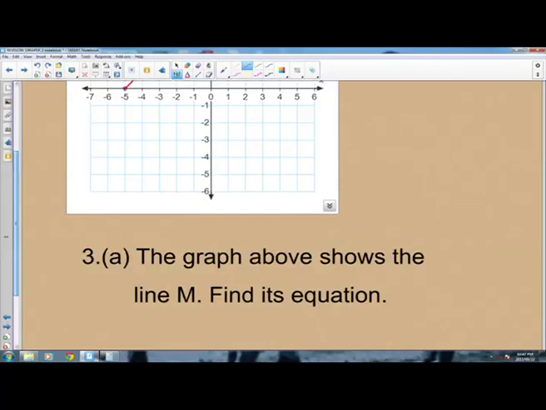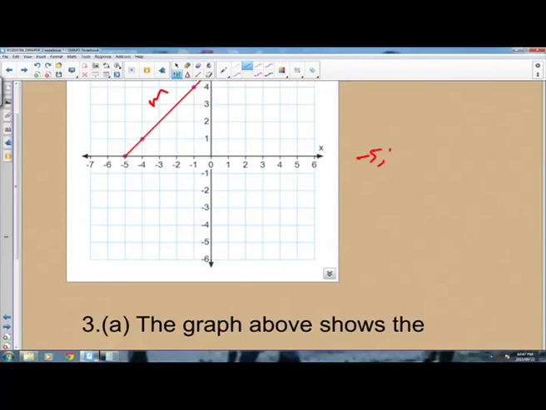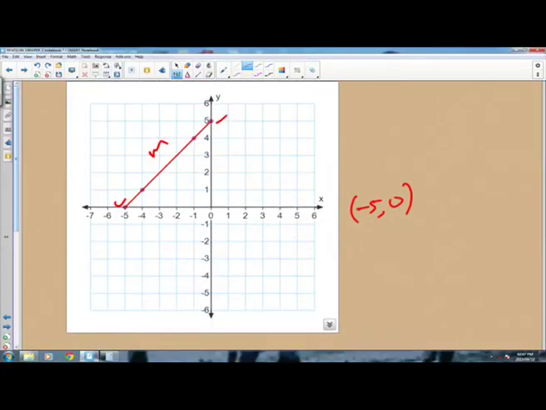We can see that there is the point -5, 0, which is this point here. And then the other point is 0, 5, which is the point over here. Then you can now calculate the gradient, because the equation of the line should be in the form y equals mx plus c.